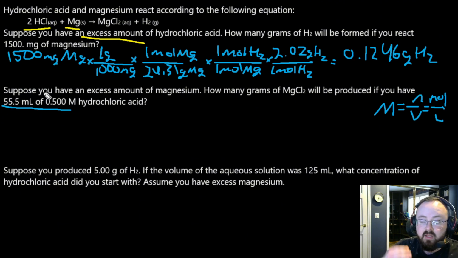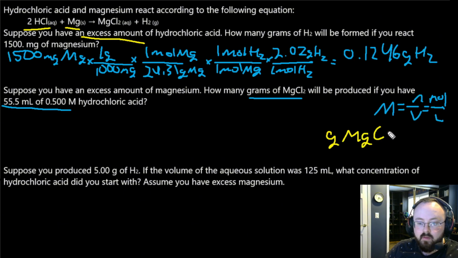So already I'm giving us milliliters, and we have to think in our mind immediately to bring that into liters. Let's then talk about the path. My eventual goal here is grams of MgCl2. So that's our final goal. And we know that when we do conversions like this, we always have to think about our hamburgers and our patties. We have to go from moles of MgCl2 into grams.